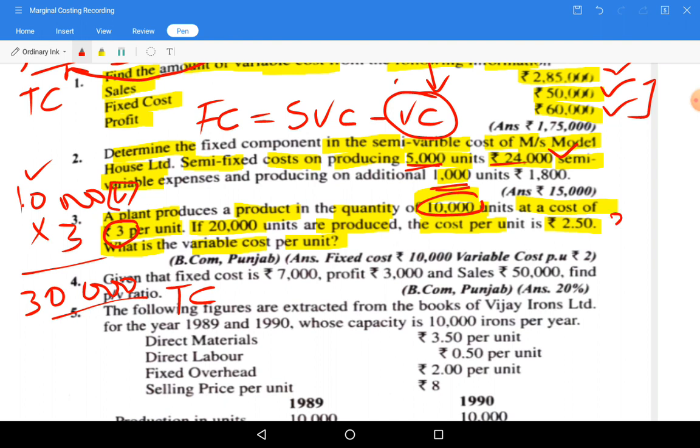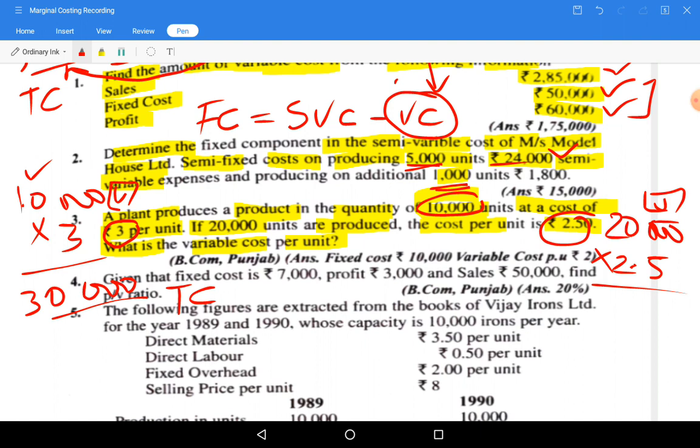Similarly, we are having 20,000 units. At 20,000 units, what is your cost per unit? 2.5. So multiply with 2.5. 20,000 into 2.5, is it 50,000? Let me check once.